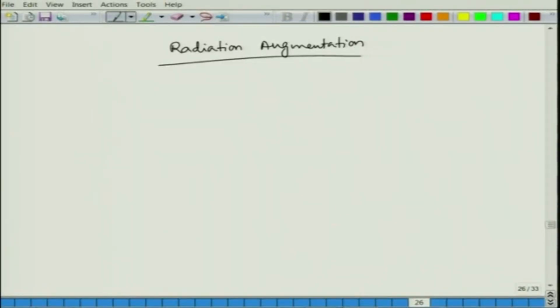Now, whenever we want to add something, we need to put in some extra effort, right. So, if you just place the collector at a certain location at a certain tilt angle, then whatever is available you will get. Now, if you want to add to this, what do we do? We place certain kinds of reflectors in proper positions, so that the intensity on the collector increases. That is what is called radiation augmentation.